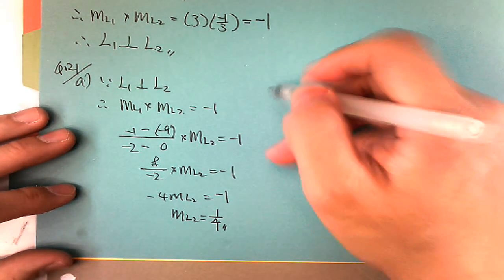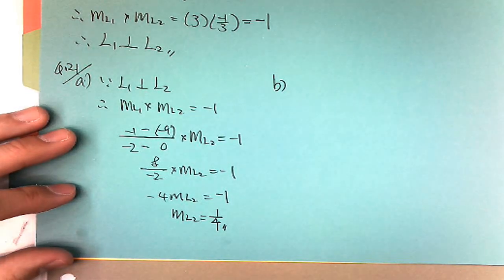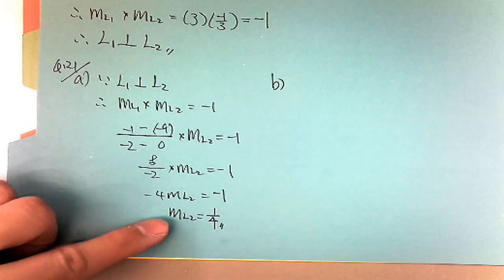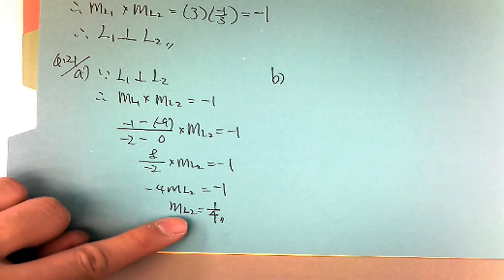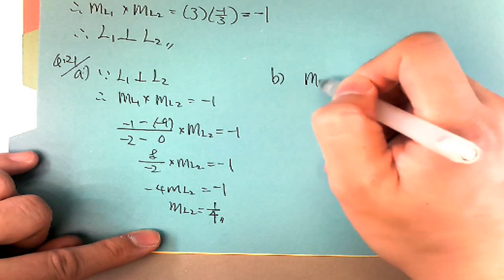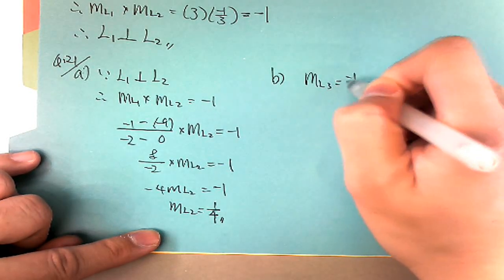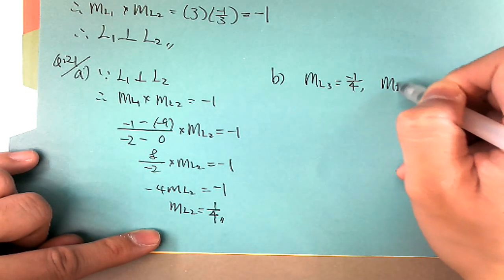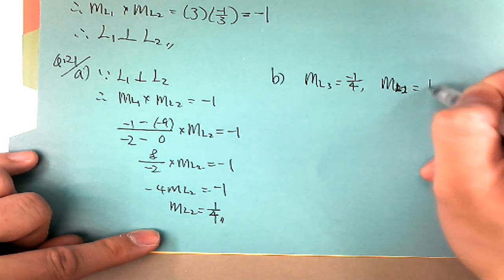Part B, okay, I do it here. If L3 is a straight line of slope -1/4, determine whether L2 and L3 are parallel. So very easy, you have L2 here, the slope, right? But mL3, you can write down mL3 equal to -1/4. mL2 equal to 1/4.